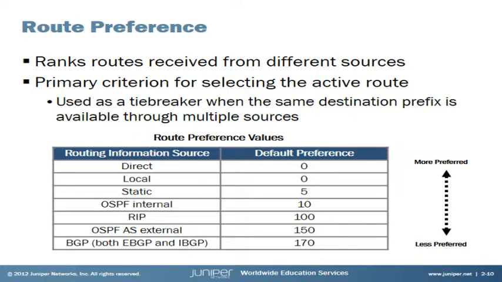Now, was there an equivalent to this concept in Cisco somewhere? What was that called? Administrative distance, exactly right. Administrative distance in Cisco is exactly the same concept as route preference in Juniper. It does exactly the same thing.